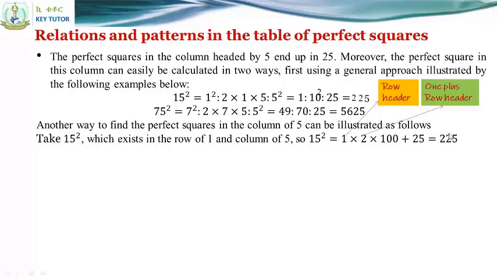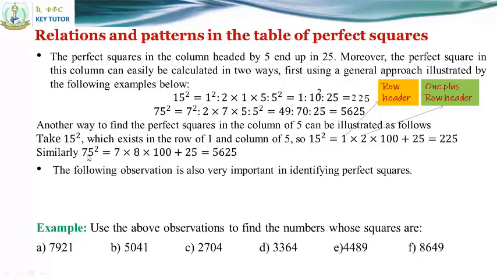Okay, 225. So that's exactly what we had in the previous case. 15 square is 225. So row number times the row number plus 1, times 100, plus 25, gives you 225.